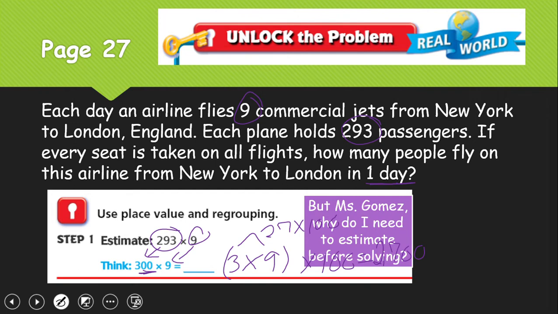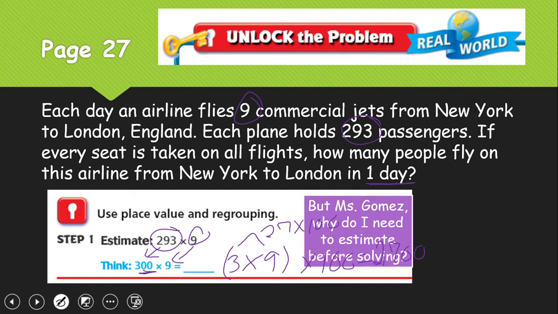So it's really helpful whenever maybe you made a mistake when you were multiplying. Maybe we did 3 times 9 and we got the answer of 10 because we made a mistake. And 10 times 100 is only 1,000, which does not give us our estimation close enough to 2,700. So it's really important to have estimation because that's our benchmark.